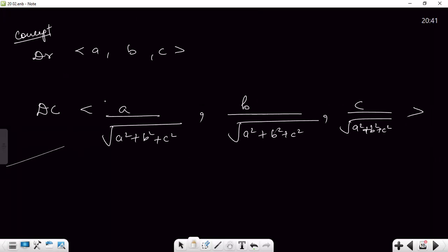These are the direction cosines, of course, with plus minus sign, if we are talking about a line. Clear the relationship between direction ratios and direction cosines.